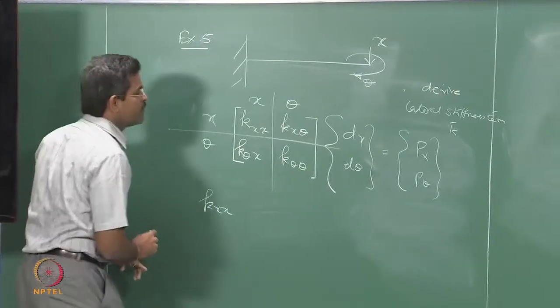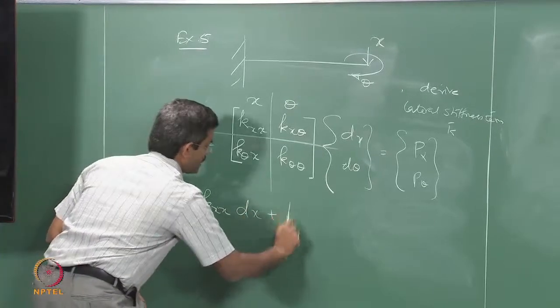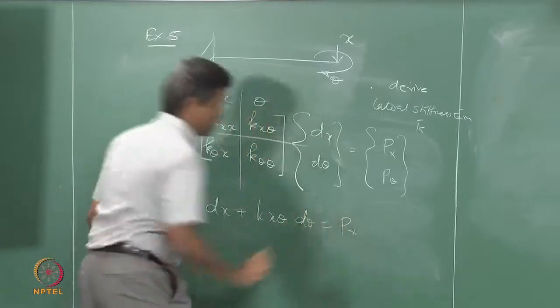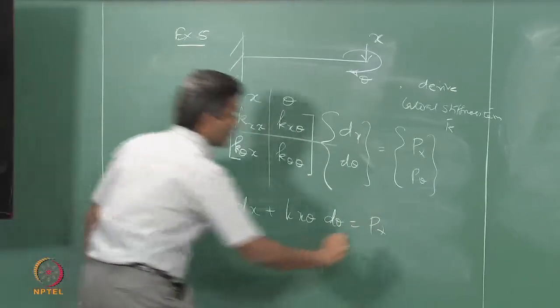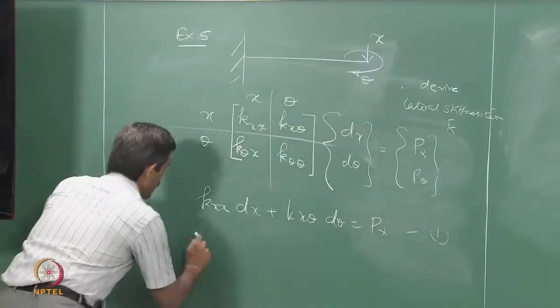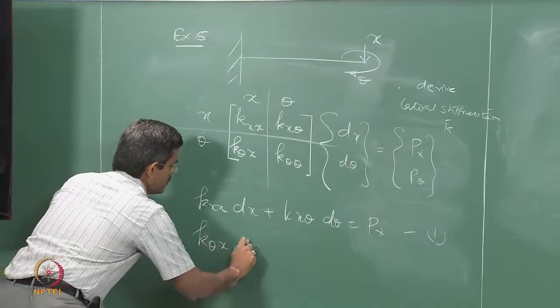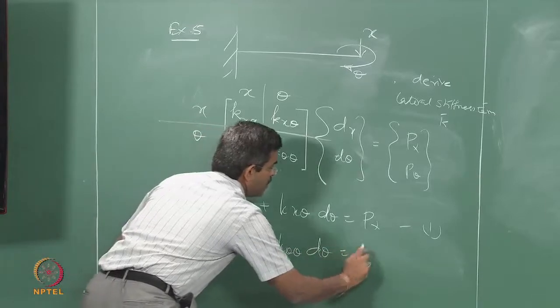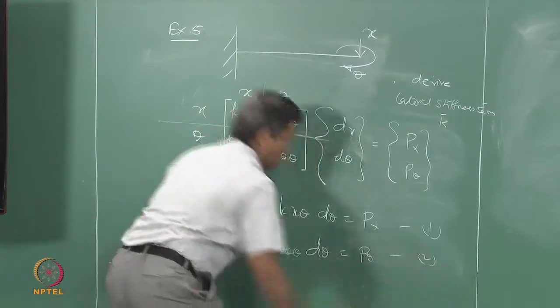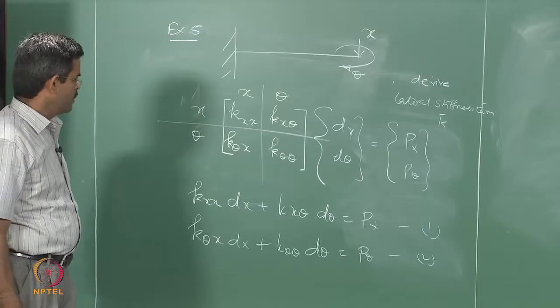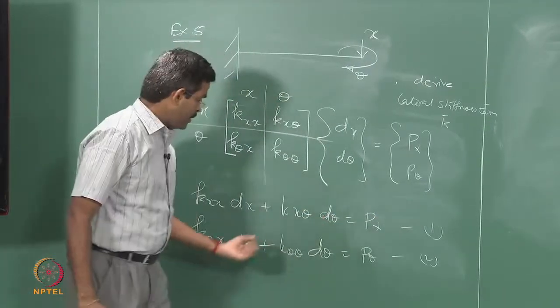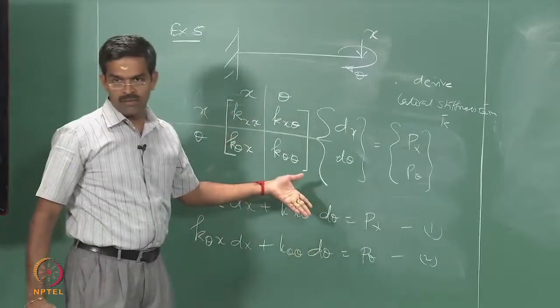Kxx dx plus Kx theta d theta is Px, equation 1. K theta x dx plus K theta theta d theta is P theta, equation 2. Equation 1 has d theta, I can evaluate d theta from equation 2 and substitute in 1.